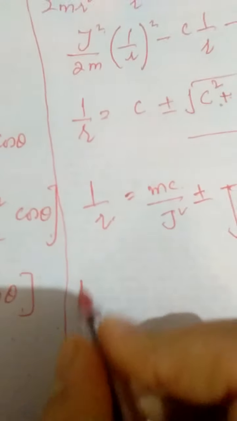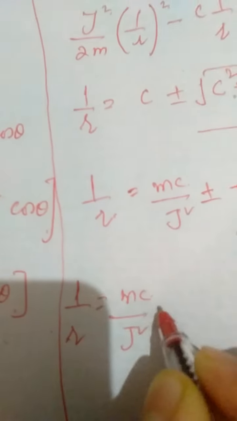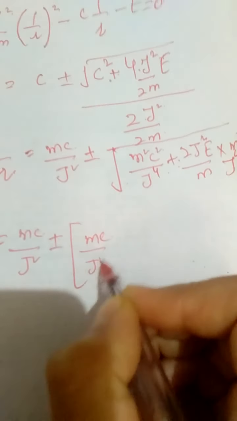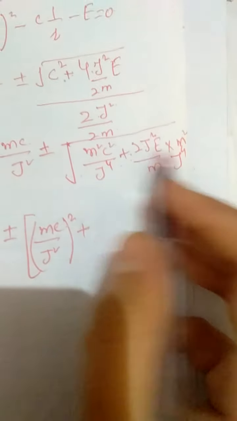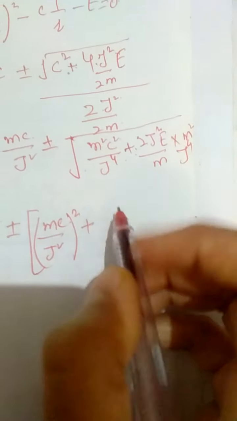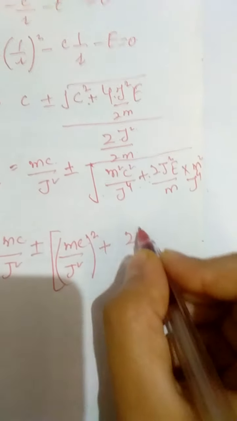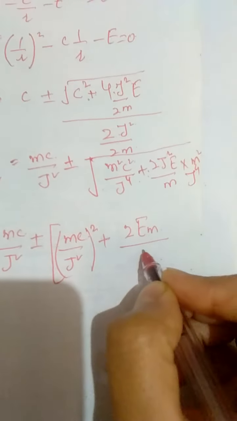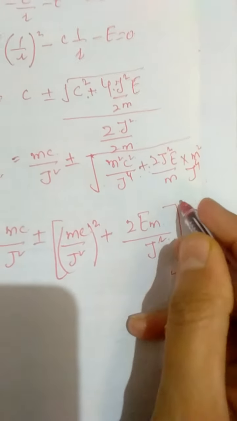So this 1 by r in all is equal to mc by j square plus minus how much? This much. So you can write it as mc by j square times 1 plus, j square will go with this j square, m and m will go, so it will be 2em by j square, right? So whole raised power 1 by 2.